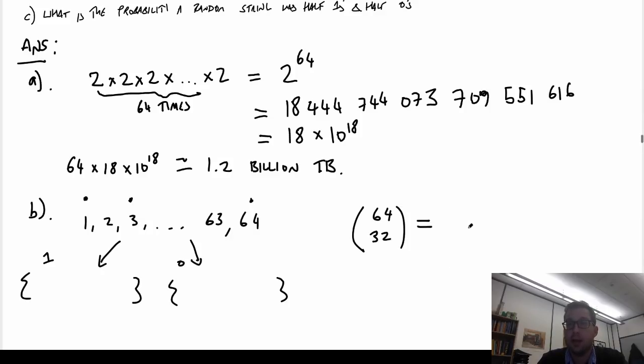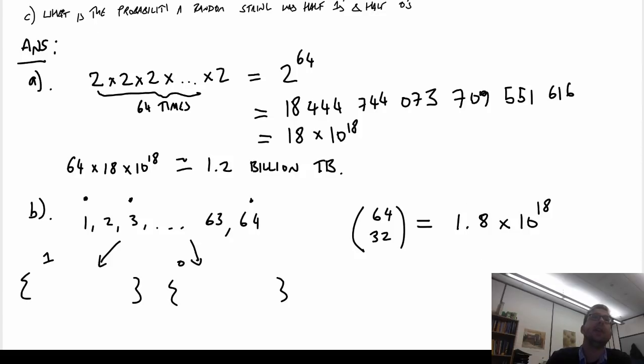And this, when you get in the calculator, is about 1.8 times 10 to the power of 18. So we see again an absolutely ginormous number. That gives you an idea that these combinations also get extremely large very quickly.